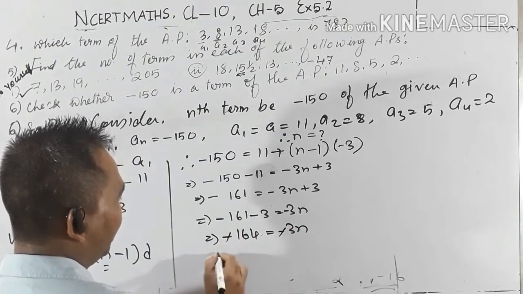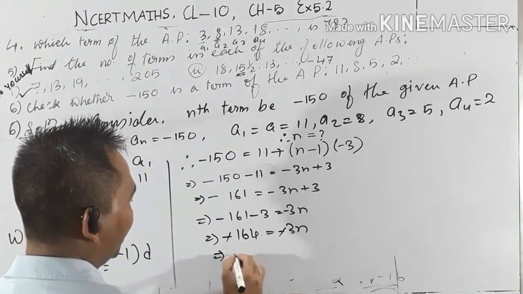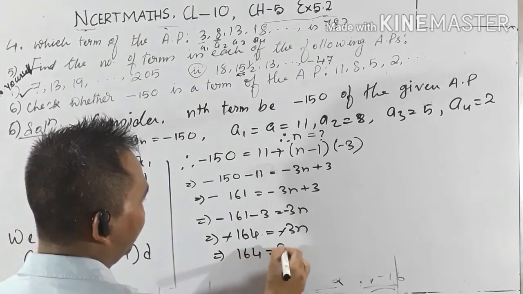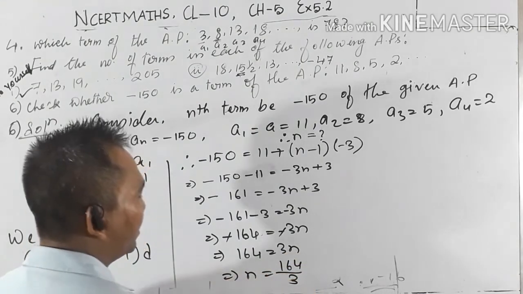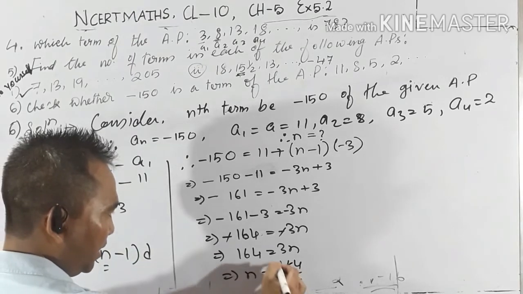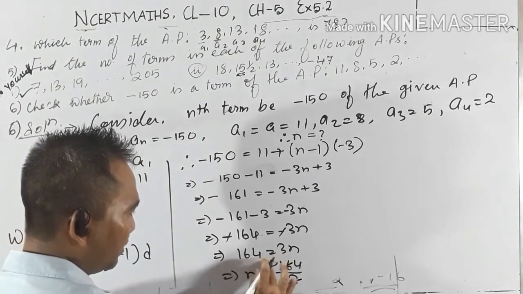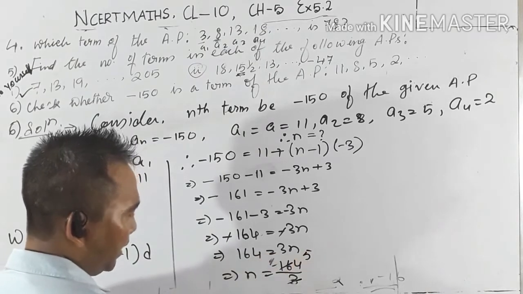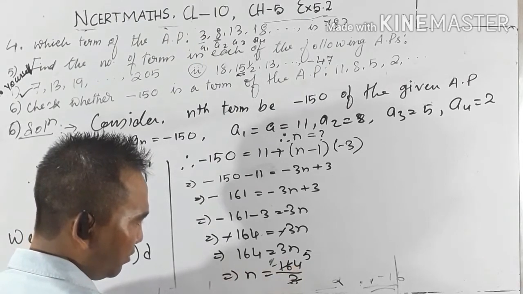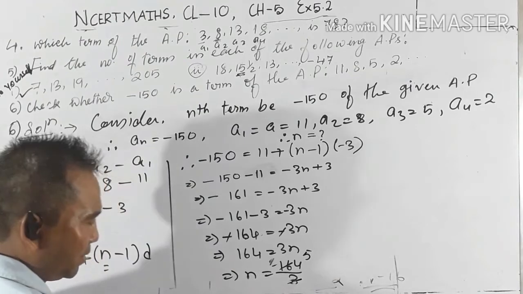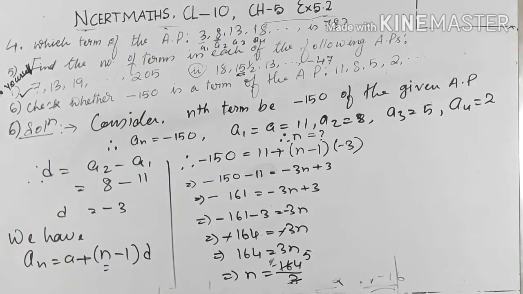The minus signs cancel, and what is left is 164 equals 3n. That means n equals 164 upon 3. Three fives are 15, and 16 minus 15 leaves 1, then 14.